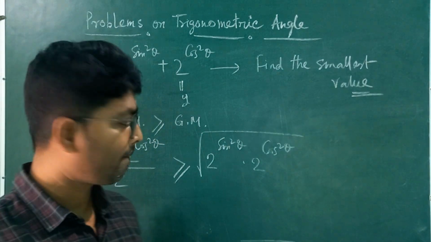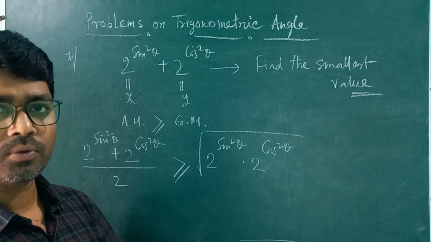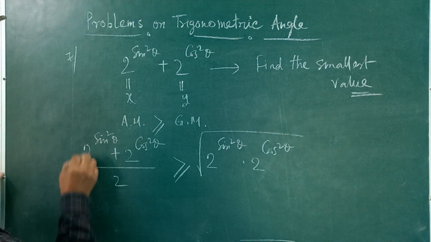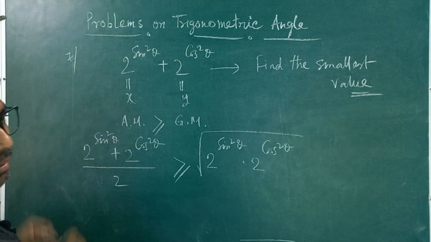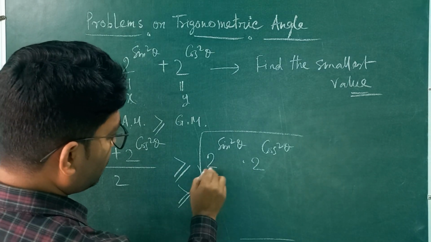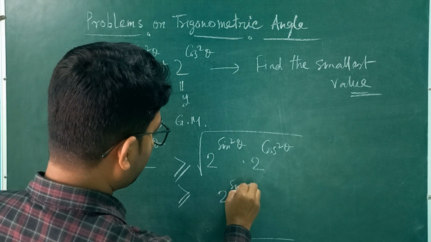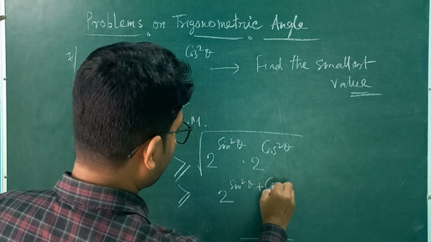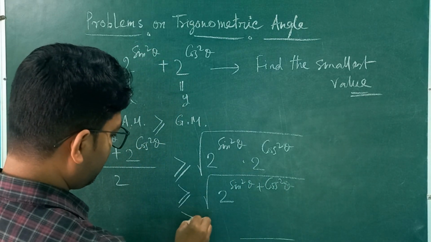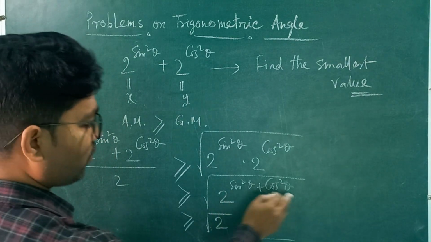Clear to everyone? x plus y by 2 is greater than or equal to root xy. So we don't have to calculate the left hand side because this was our given problem. I will calculate here: 2 to the power sine square theta times 2 to the power cos square theta means 2 to the power sine square theta plus cos square theta, that is root 2, as this is 1.